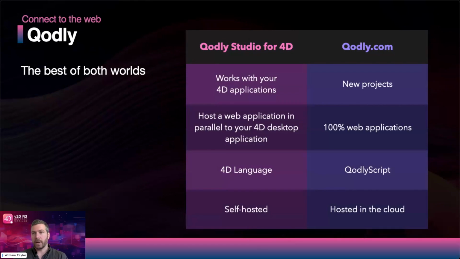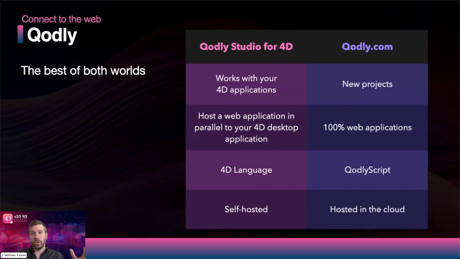And so you want to think about this. Maybe you have a warehouse application. You're managing a warehouse, you're managing the stocks, and you're doing all that with a 4D application. You have been doing that for years. You've got a ton of data in your 4D application. That's great. Now, someone wants to make a web application for that 4D application.